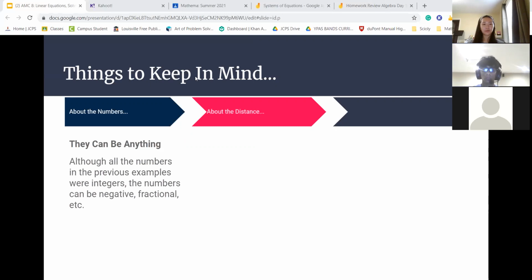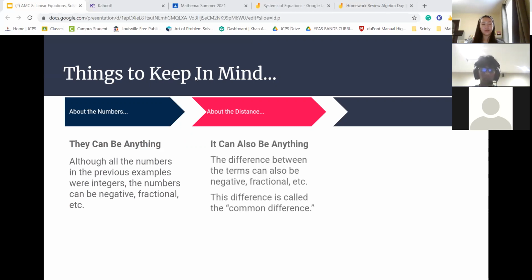About the distance between the numbers, it can also be negative, fractional, whatever. The difference between 2 consecutive numbers in a sequence is called the common difference.